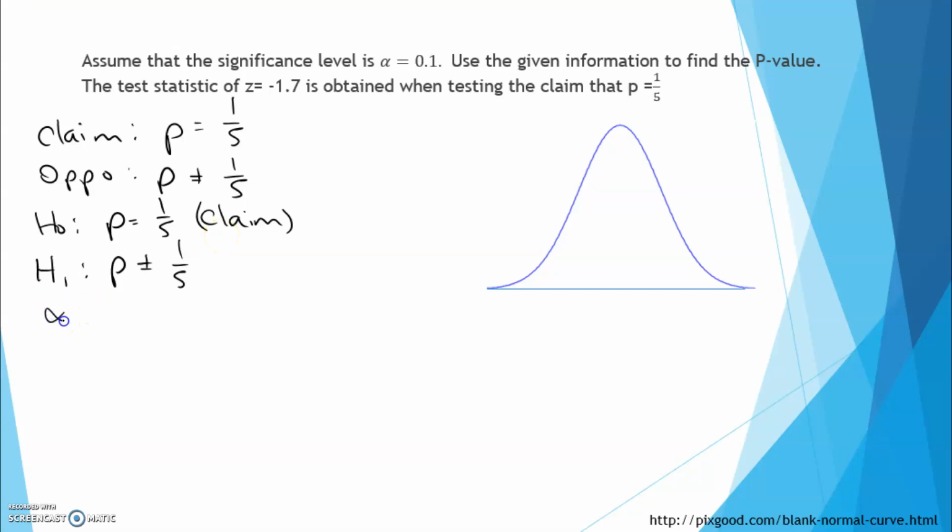Okay, state the level of significance. Well, that is 0.1. Find your test statistic, which is negative 1.7. They just gave that to us. Either use the p-value method or the traditional method. They're asking for a p-value, so we will use the p-value method.